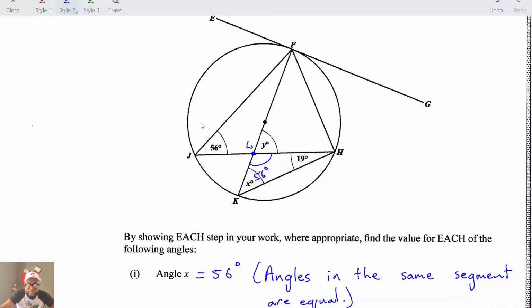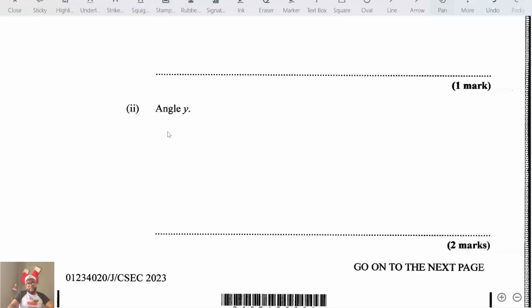So KLH would be equal to 180 minus 56, which is 105 degrees.